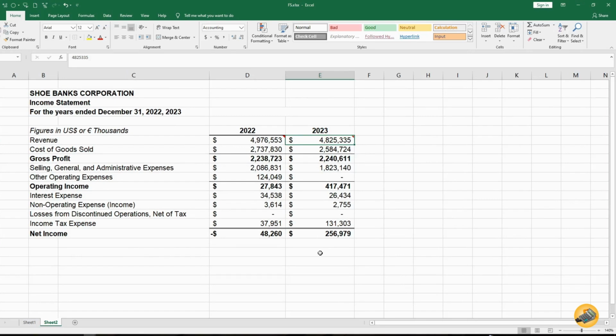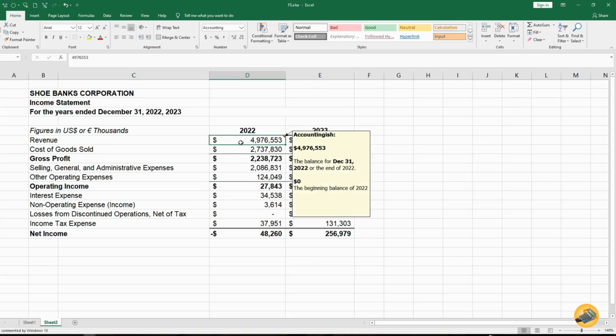So let's go to the temporary accounts. Earlier in the definition, we said that temporary accounts, unlike the permanent accounts, do not carry their balances to the next accounting period. What does that mean?